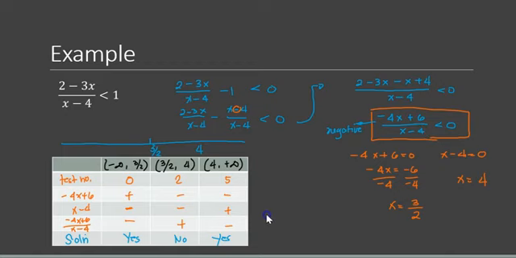So our final answer will just be negative infinity up to 3 over 2 union 4 to positive infinity. So it's x less than 3 over 2. You can also use union, x greater than 4.